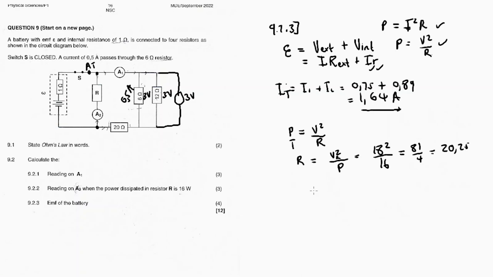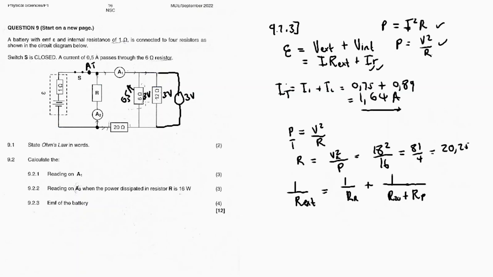20.25, right? Now the total effective resistance, the total external resistance, is 1 over R. The R resistor is parallel to the 6, 12 and 20 combined, so it's a parallel connection. So it's 1 over R resistor plus 1 over R parallel, where the R parallel is this one.